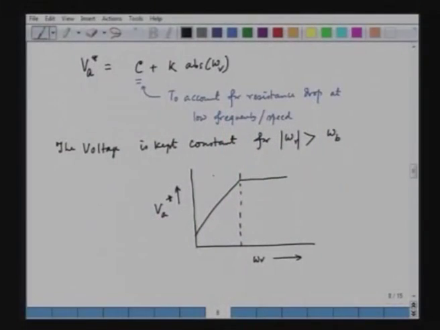Here we can assume that Im is approximately constant, and here Im is reduced. So, we can call this field weakening or flux weakening.